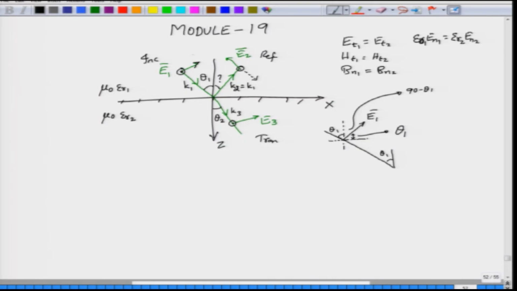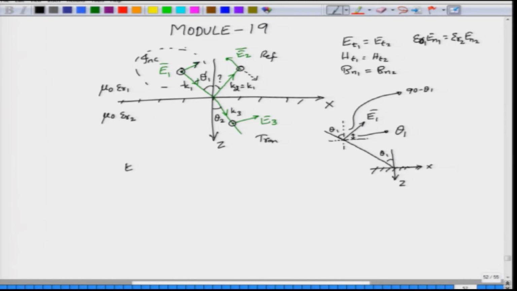I have blown up this portion of the picture because I want to talk about the electric field angles. You can see that if this is the x axis, this is the z axis, and this is the plane of interface, I have this electric field E1 itself having 2 components, ET1 and EN1.